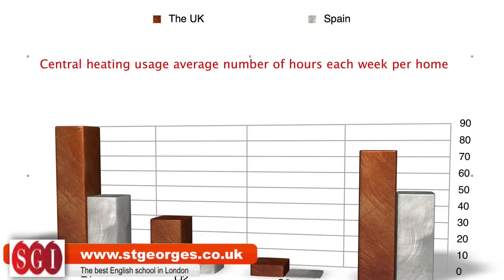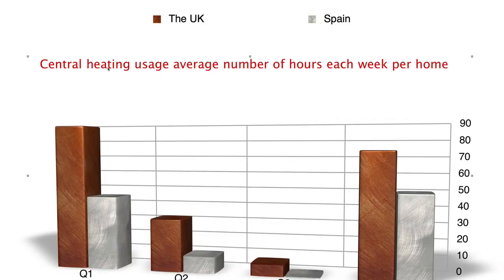So, in Q1 in the UK, we had a peak of usage at 90 hours. Where was the opposite? That's going to be Q3. So we could say the usage bottomed out in the UK in Q3. And what do we see?